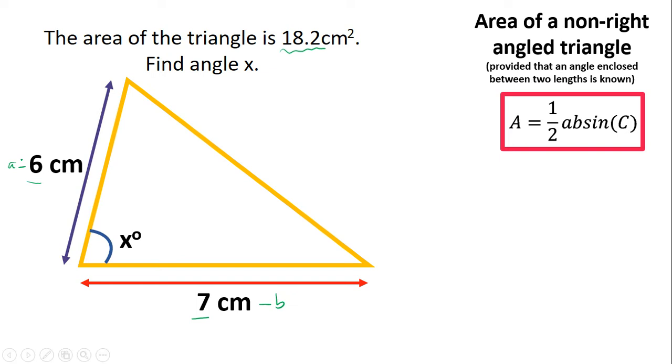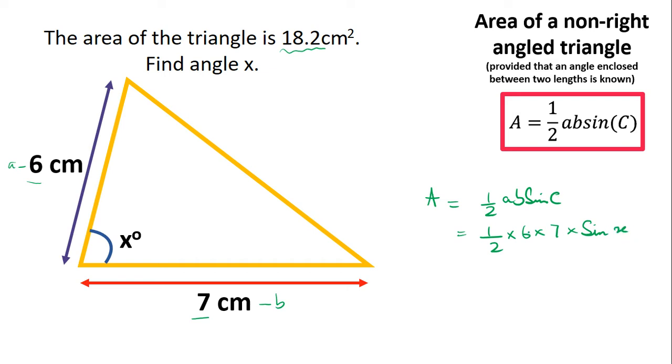So if I put in my area formula, half AB sine C, my area is equal to half times A, which could be 6, times B, which is 7, times sine of the angle C, which is x.